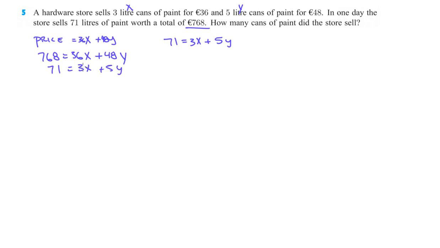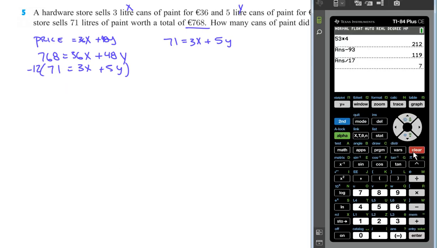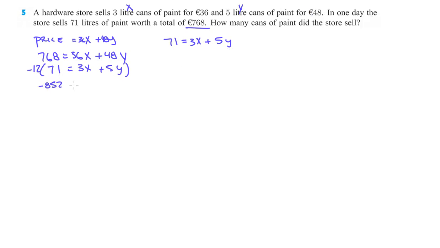All right? Now, I notice right away that 36 is a multiple of 3, so if we multiply this here by negative 12, let's see, we got 12 times 71 gives us that this is negative 852. Negative 12 times 3 is negative 36x.